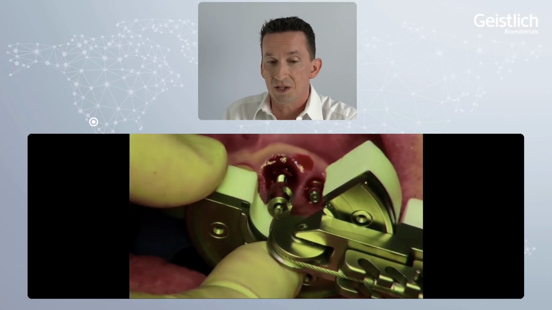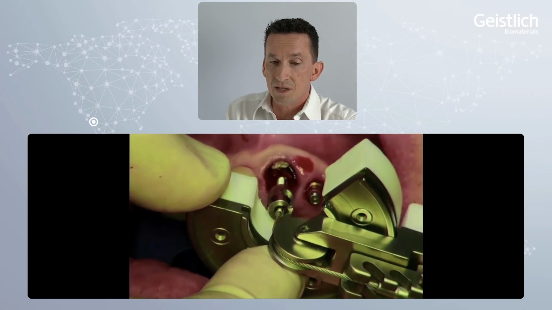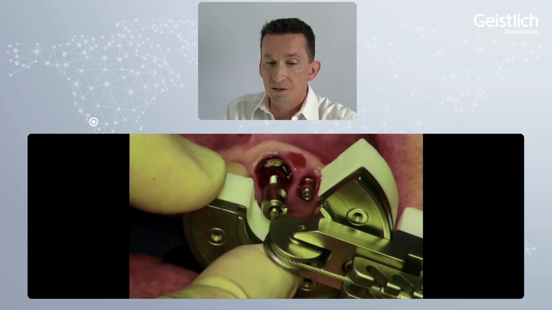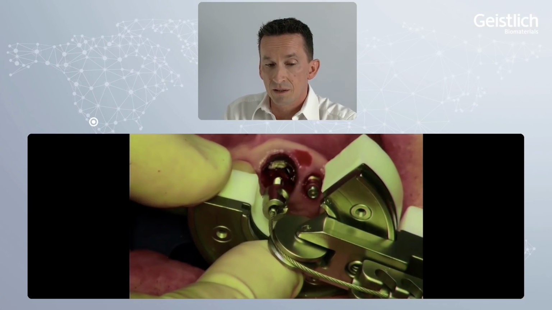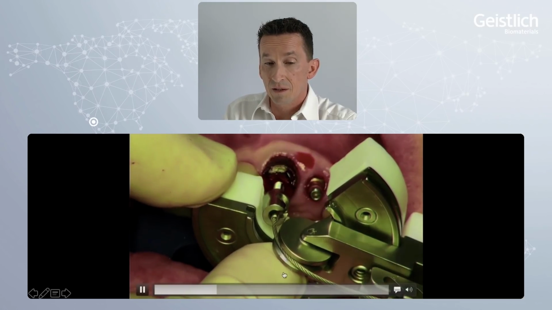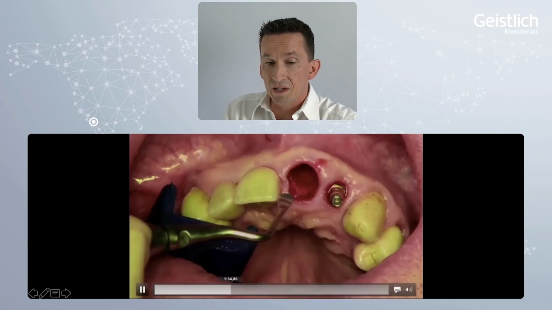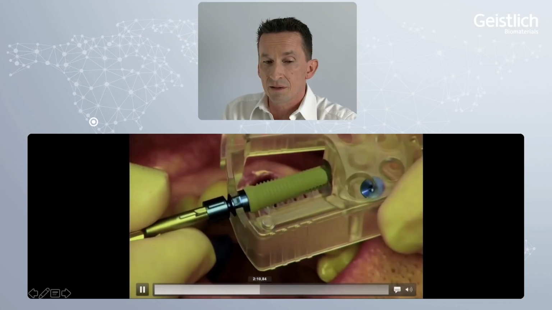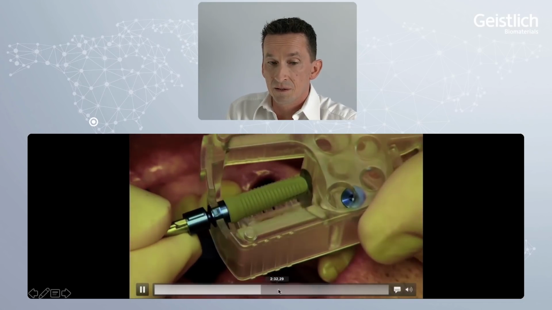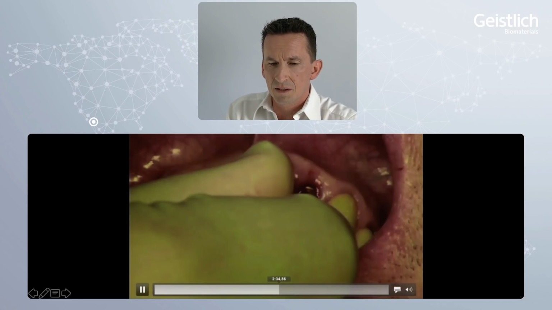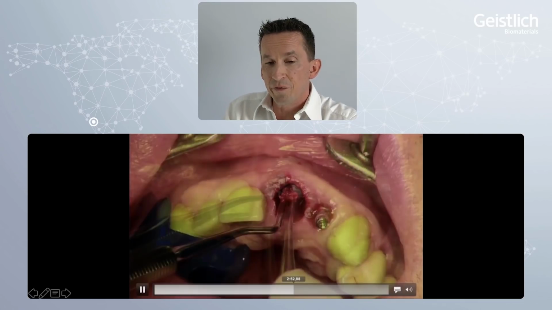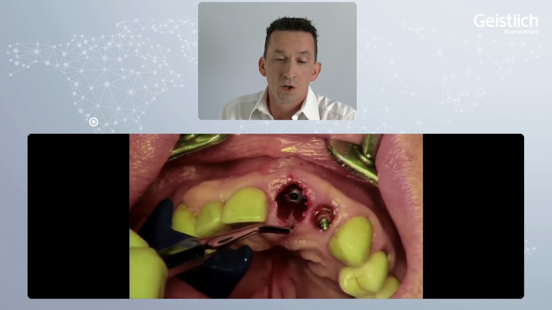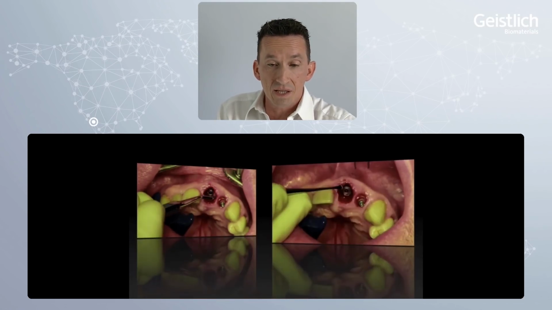No damage to the tissue with this system, as you see here. Now we clean the socket, we place the implant, we fill the gap between implant and socket with a bio-os material.